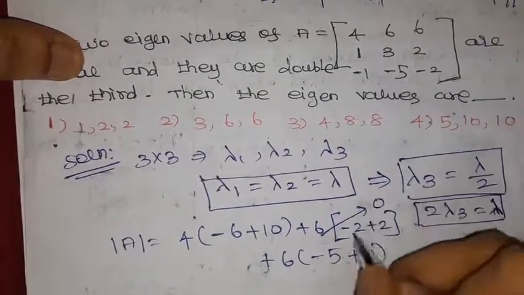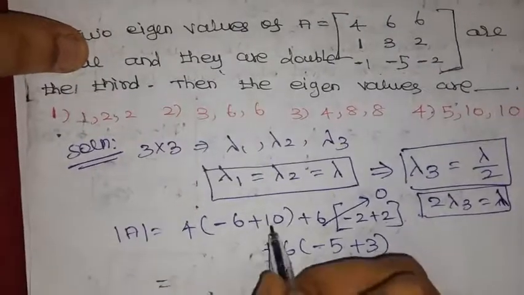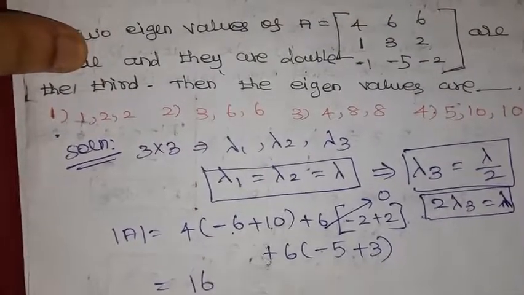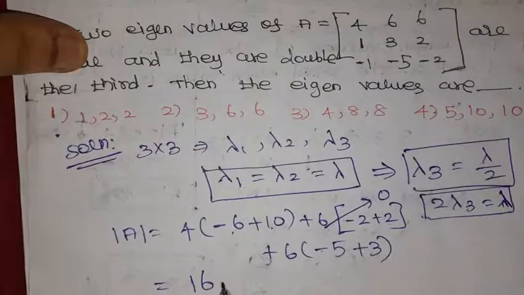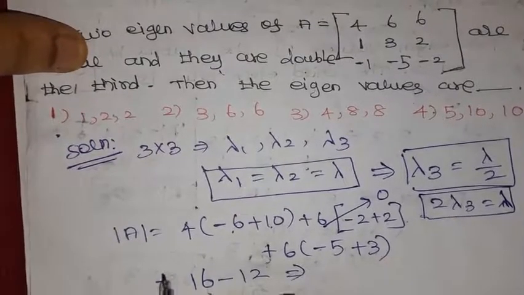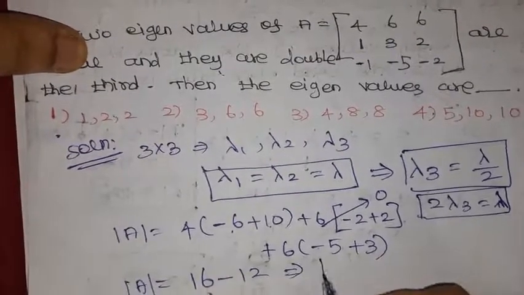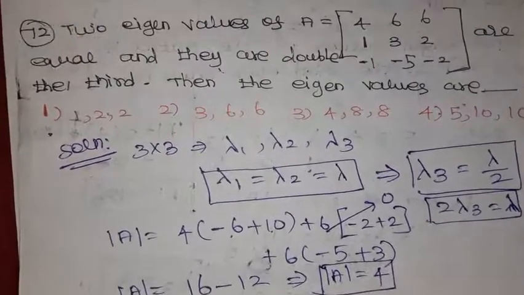Then this is 0, minus 2 plus 2 is 0, this term vanishes. 10 minus 6 is 4, 4 into 4 is 16. Then 5 minus 5 plus 3 minus 2, here minus 2 into 6 is minus 12. So what is the determinant value? It is equal to 4. So determinant value is given as 4.